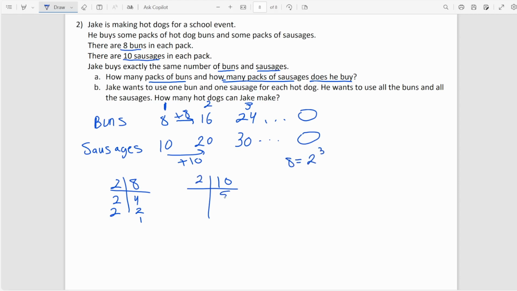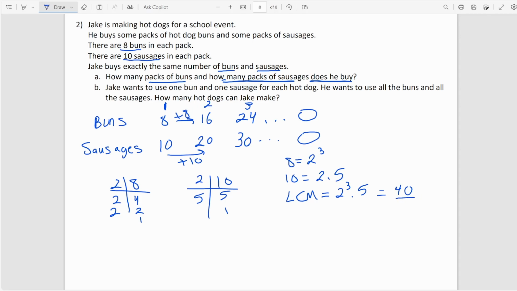As for the 10, 10 is equal to 2 times 5. So the lowest common multiple, I will just directly write it as 2 to the power 3 times 5, which is 40. All right, so the number we're looking for over here is 40.